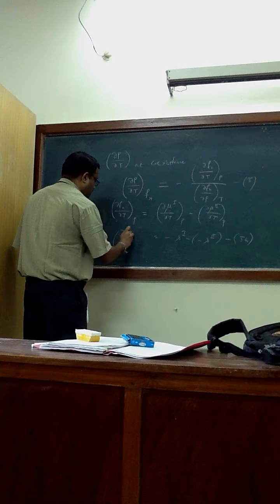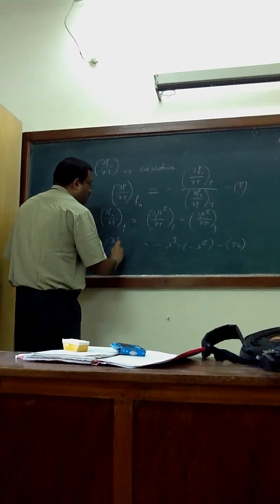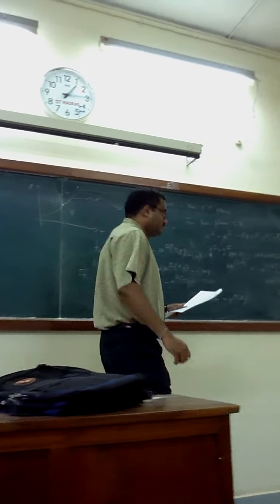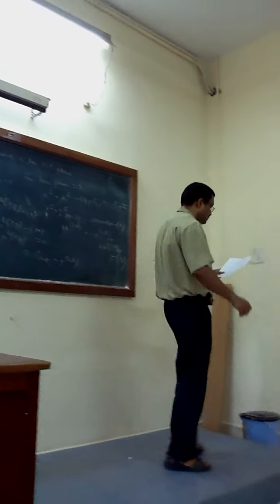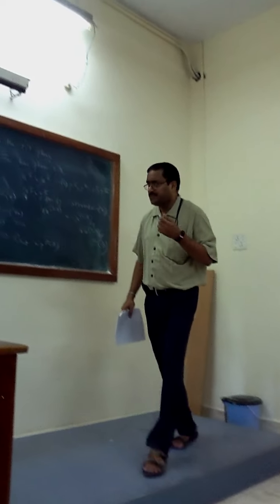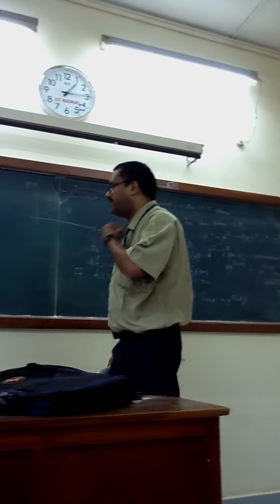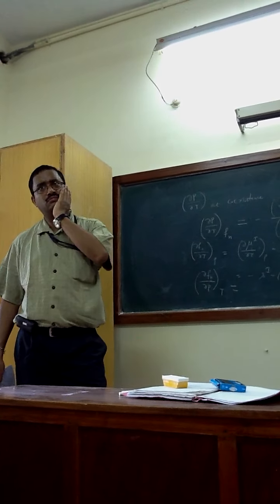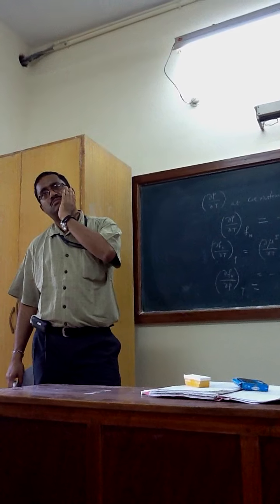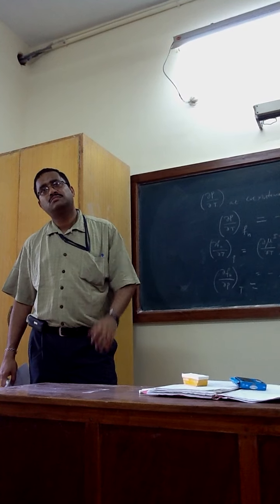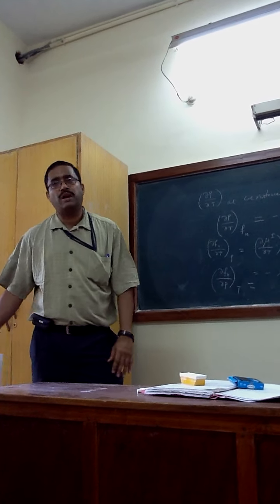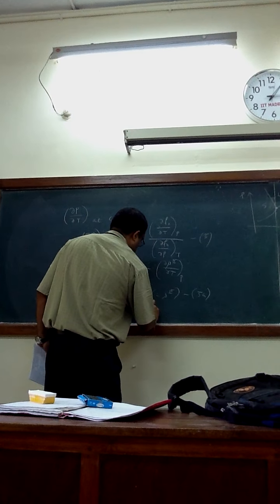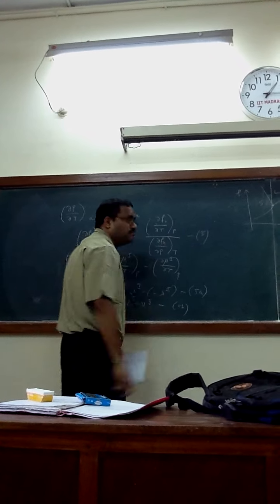Dou Fn by dou P at fixed temperature T, what will you get? V1 minus V2, equation 5b, right?